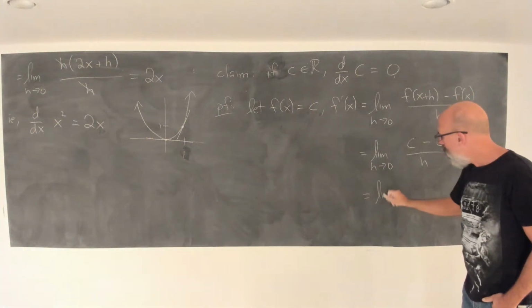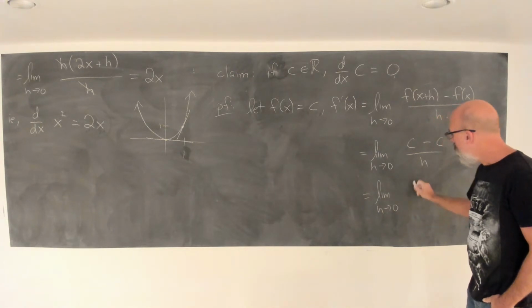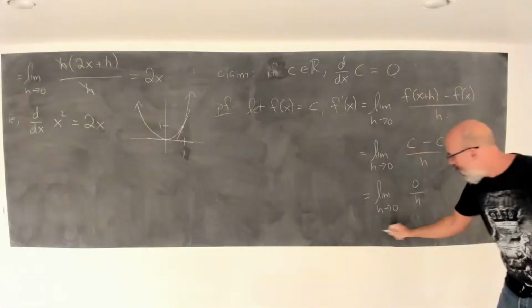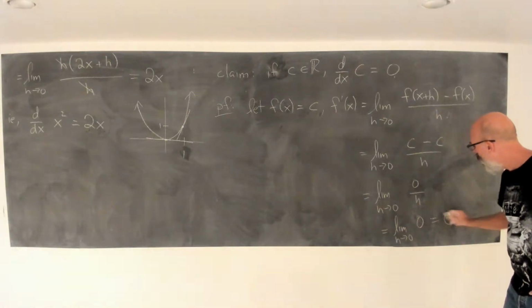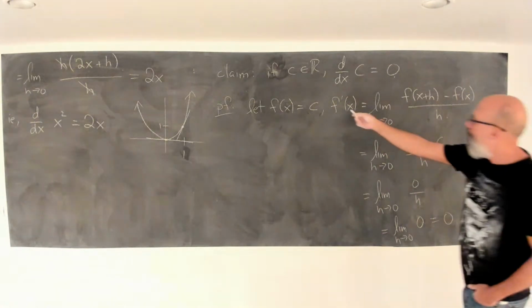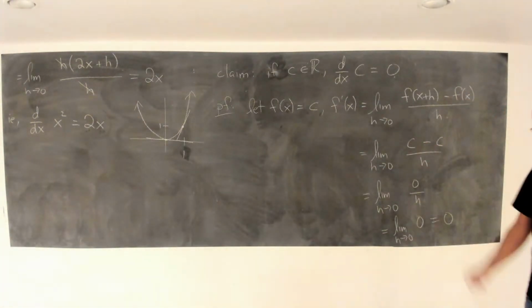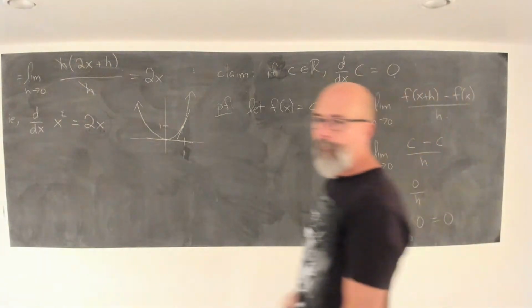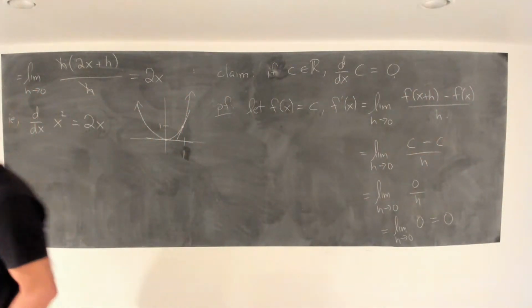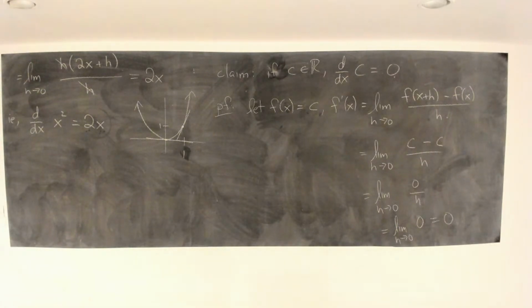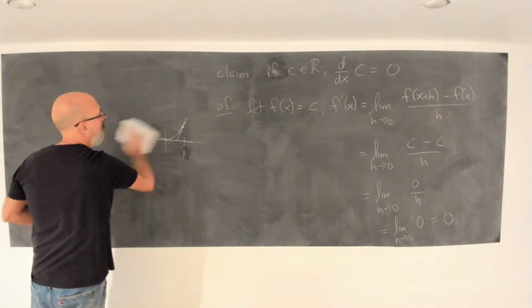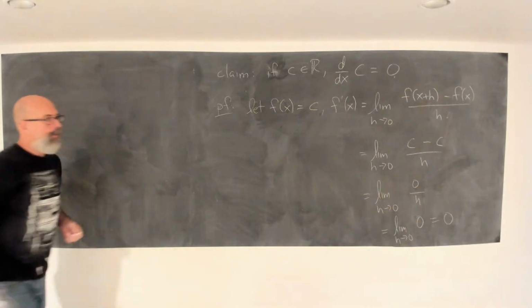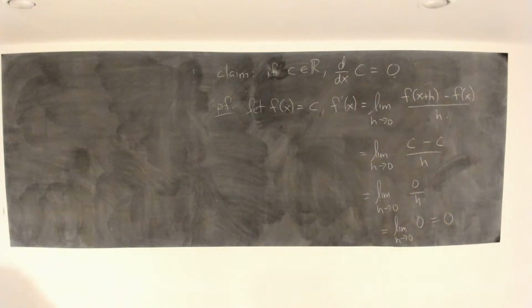And so this is 0 over h, which is just the function 0, whose limit is 0. The derivative is 0. There it is. The derivative of a constant is 0.